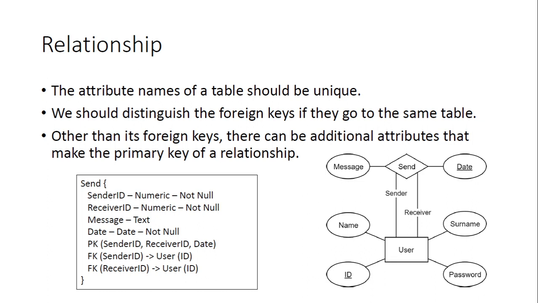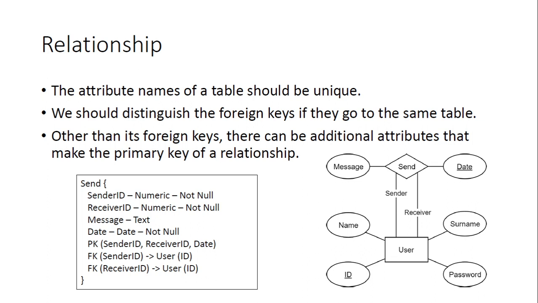But for the sake of giving an example, we decided that message can be an attribute and date could be part of the primary key for this relationship. Because the description said that on the same date, one particular sender can send to a particular receiver only one message. Then we decided this ER diagram could also satisfy that condition.